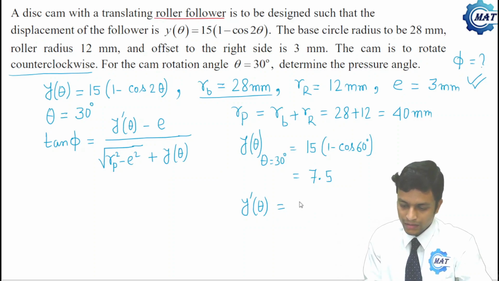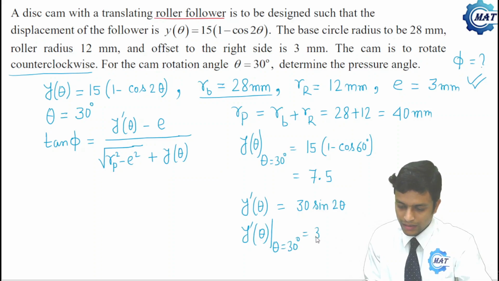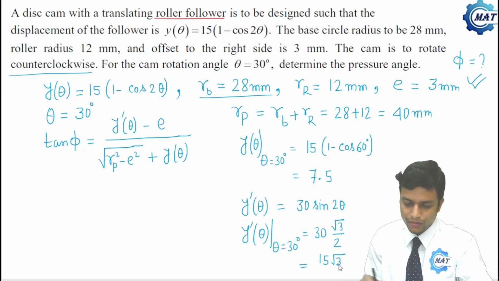That is 30 sine 2 theta. So y prime theta at theta equal to 30 degrees is 30 into sine 60 degrees, that is root 3 by 2, so 15 root 3.